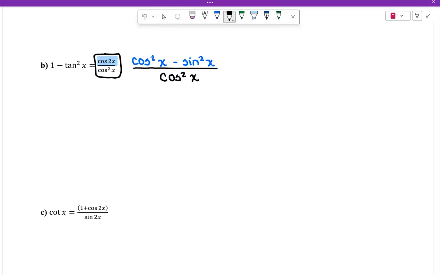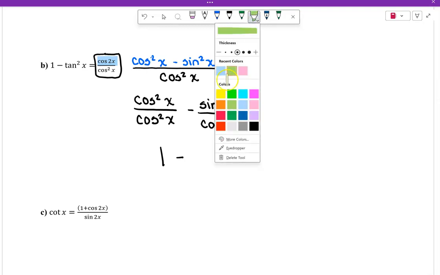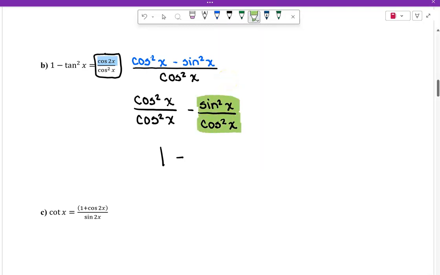I'm hoping that you can see it, but we're going to break this up into 2 separate fractions. Cosine squared divided by cosine squared is 1, minus, and then this right here changes to tangent squared. And there we go. We got it.